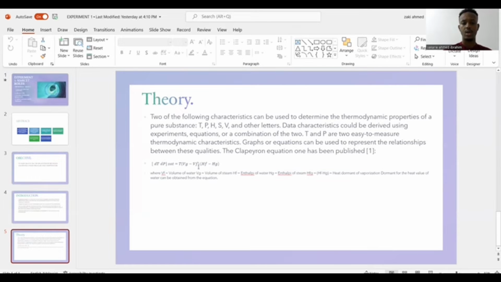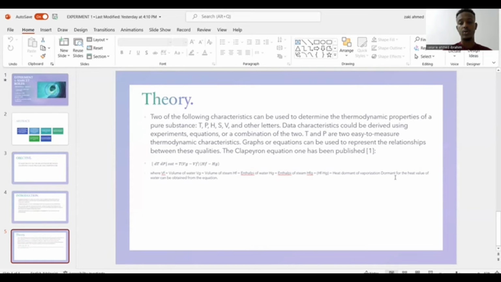steam equals the formula we have here, where Vf equals the volume of water, Vg equals the volume of steam, Hf is the enthalpy of water, and Hg is the enthalpy of steam, where Hfg equals Hg minus Hf, which equals the latent heat of vaporization.